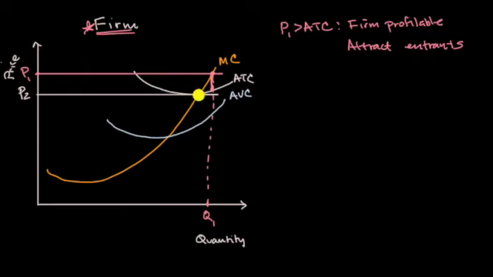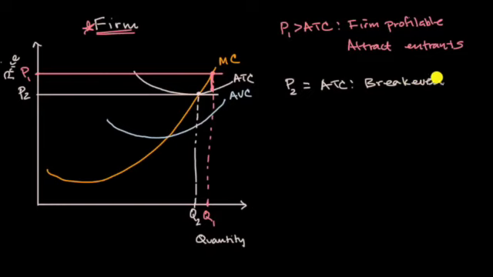Now, a profit maximizing firm in this world would keep producing until the marginal cost is equal to the marginal revenue, which in this case is the price. And so this would be, my lines aren't completely straight there, but you get the idea. So that's Q sub 2. Now in this situation, P sub 2 is equal to the average total cost. So the firm is break even. It's not running at a loss or a profit.